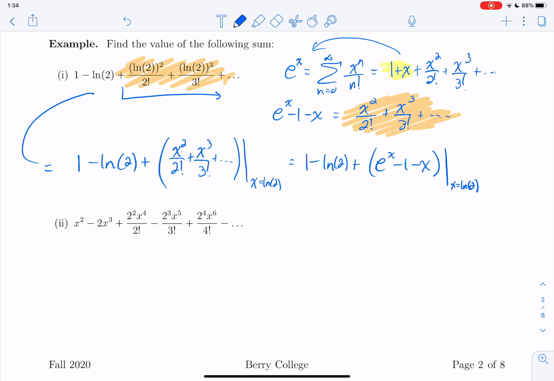And you can verify that if you go through and compute this, you should be getting 2 minus the ln of 2 as our final answer.